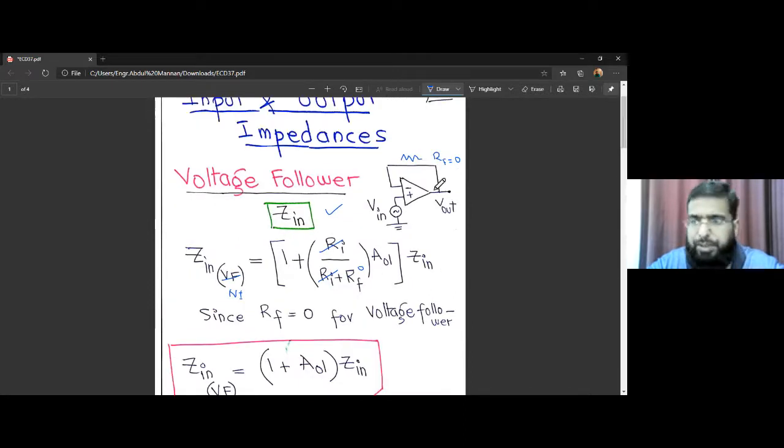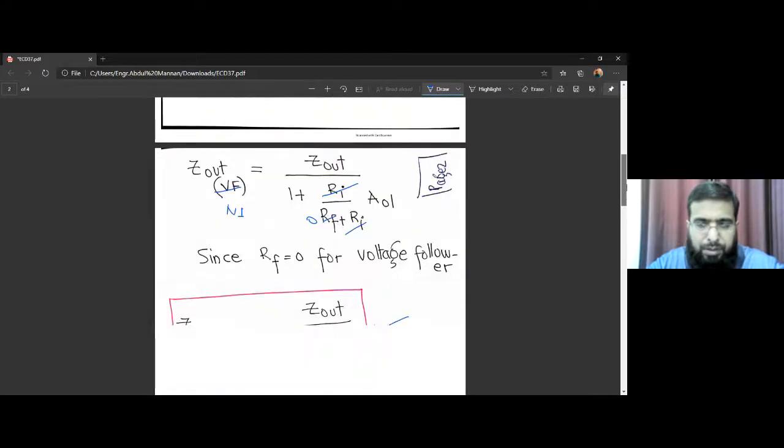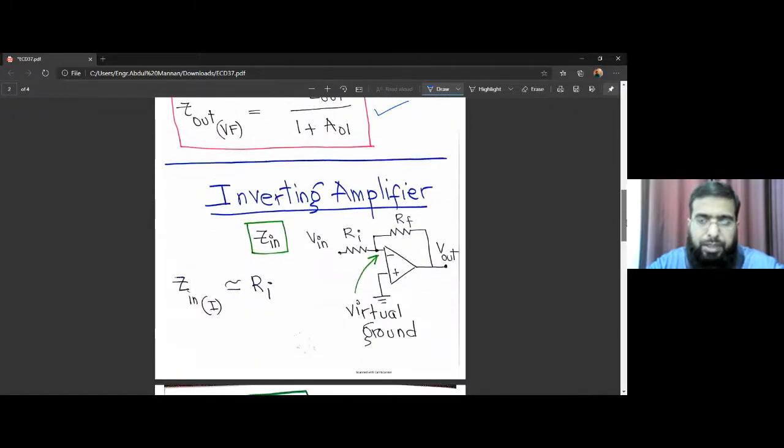The next thing that we will study in this lecture is the inverting amplifier's Z-in and Z-out. We know that for an inverting amplifier we apply input to the inverting terminal through a resistor Ri, and we connect the non-inverting input to ground.